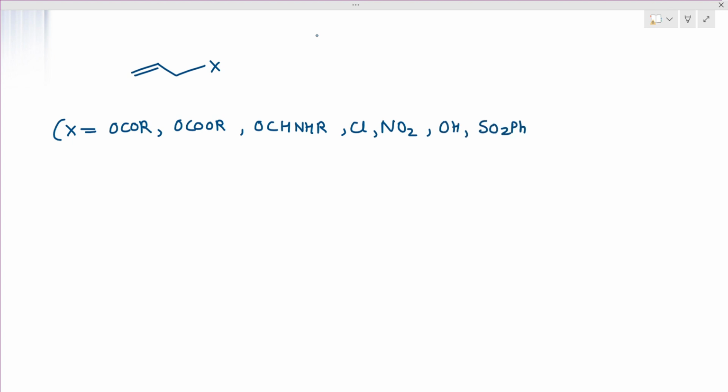If it is present at the allylic position and is treated with a palladium catalyst, palladium in the zero oxidation state, in the presence of a nucleophile, then what will happen? The leaving group will leave and at this position you get the nucleophile. It means X is substituted by the nucleophile.